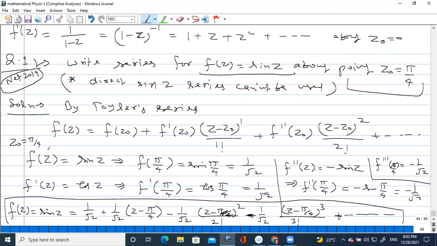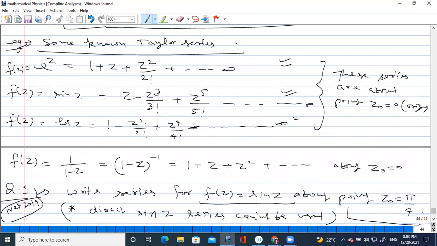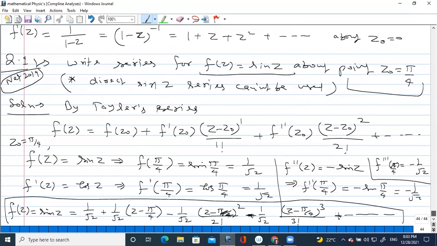Because you can see here the gap, or you do it by Maclaurin series, then you will realize it. First you note down this, then we will do that. Done? Done, sir. Okay.